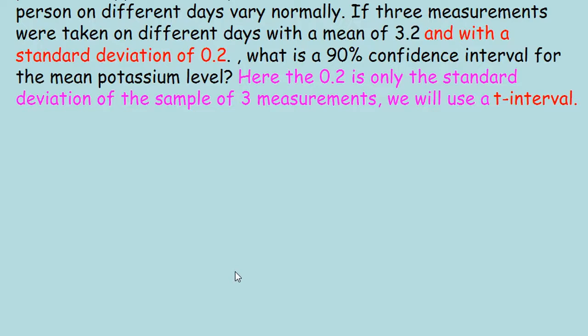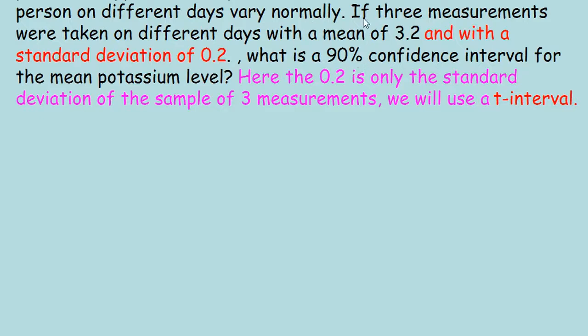I changed the wording of number one to make it a T interval instead. So here's what it would look like. Number one, if it said something like this: a test for the potassium level in the blood is not perfectly precise. Suppose that the measurements vary normally.